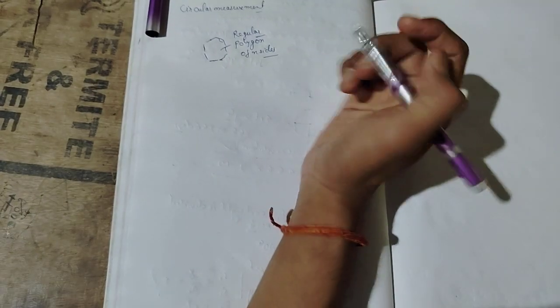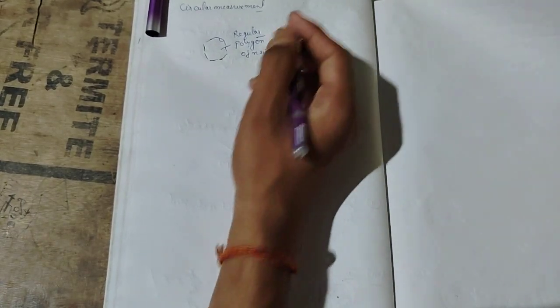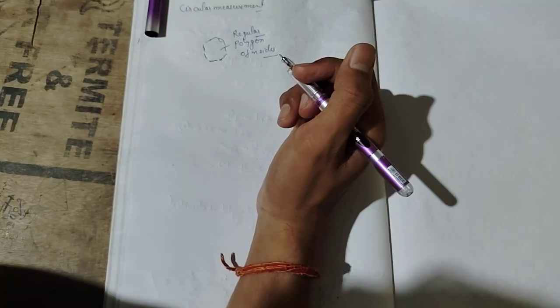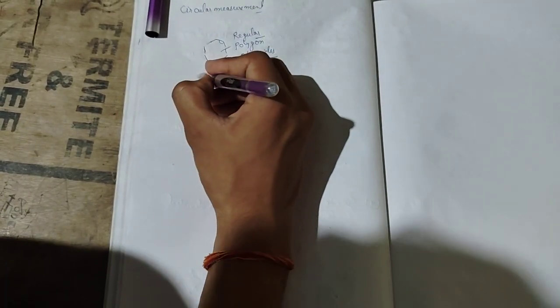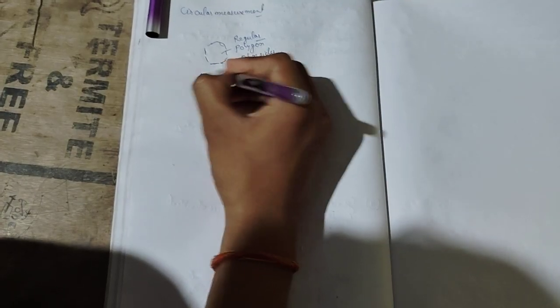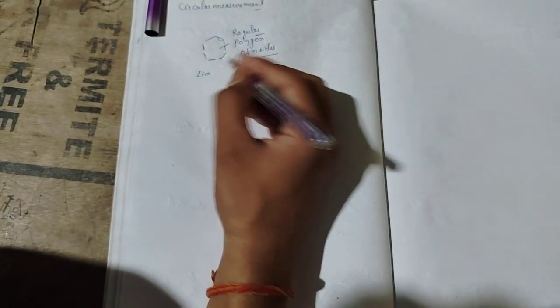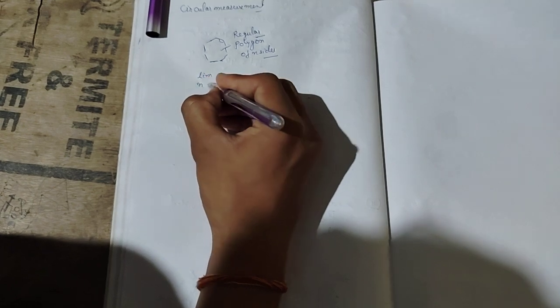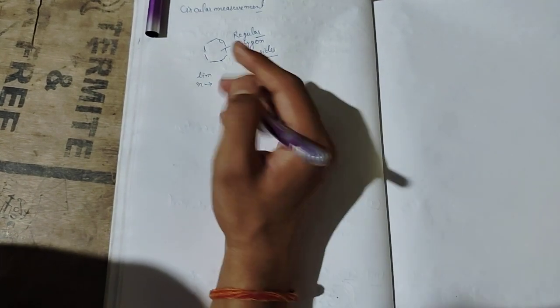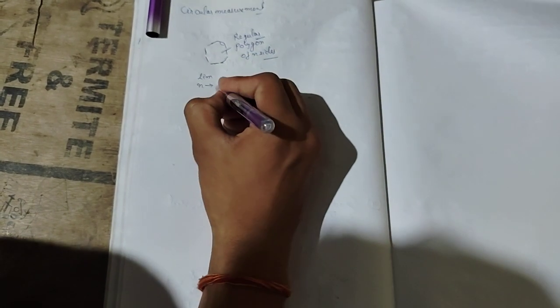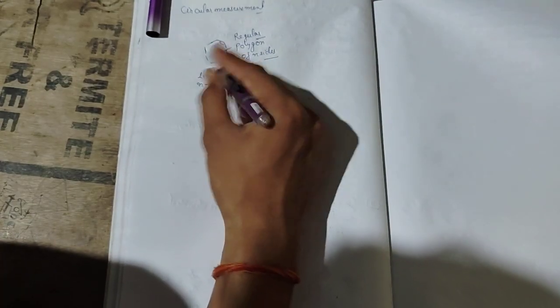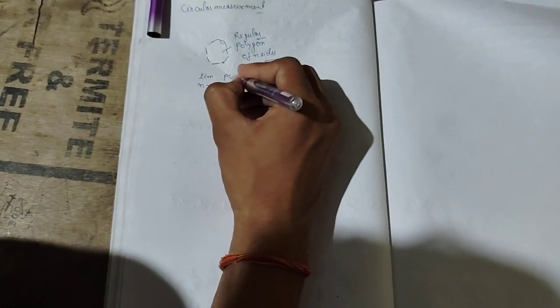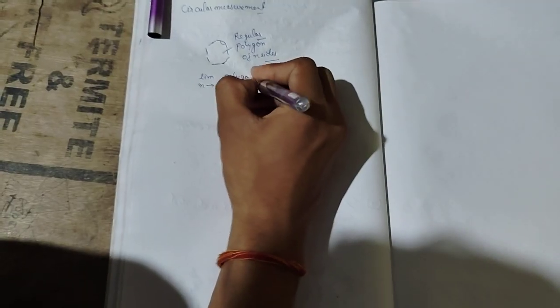And when we have a regular polygon of n sides and we take the limit of n, that simply means we are trying to approach n to infinity.